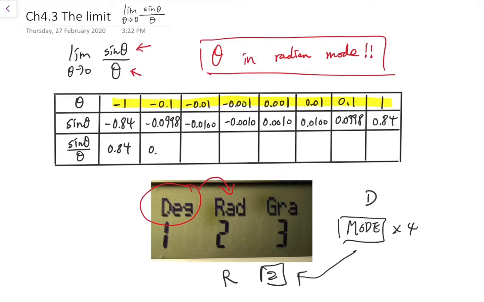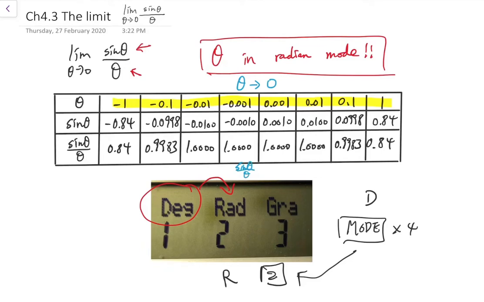Then we get, sorry, this is 0.983 and this is 1, and this is the same as negative 0.1. And this is 0.84.